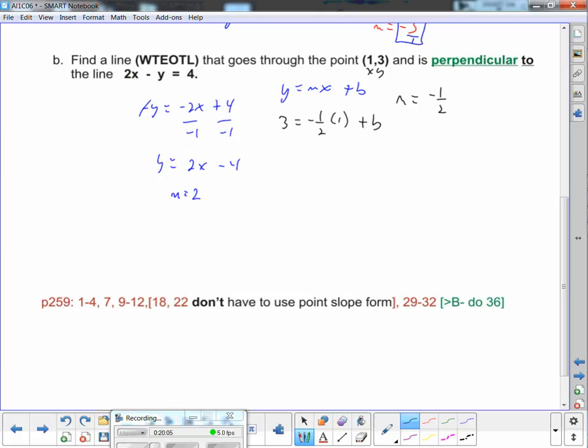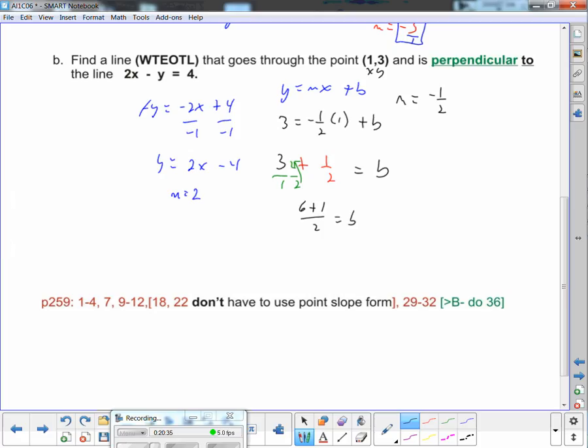So I'm going to add a positive half to both sides, right? It's like, and again, what do I need on the bottom? I need a 2. Whatever I do to the bottom, I do the same thing to the top. I end up with 6 plus 1 over 2, which is 7/2.